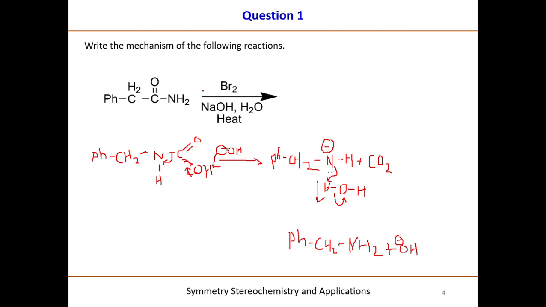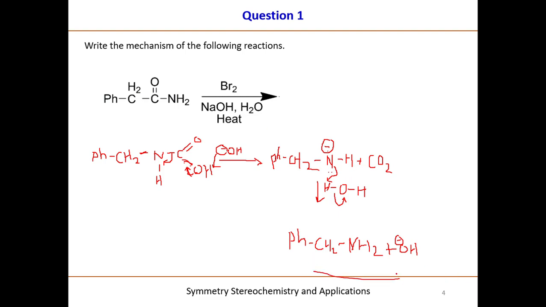In the second step, the remaining proton on the nitrogen atom was deprotonated, and this PhCH2 group migrated onto the nitrogen atom to form the isocyanate. Isocyanate reacts in the third step rapidly with water to form the carbamic acid. In the last step the carbamic acid releases CO2 to form the amine. So we got the product amine here.